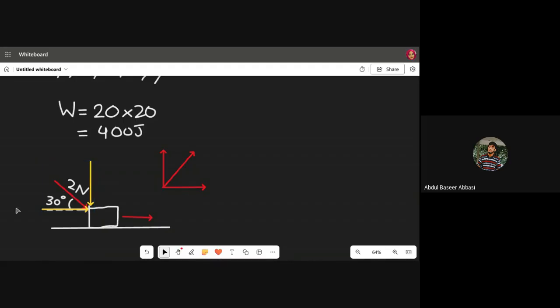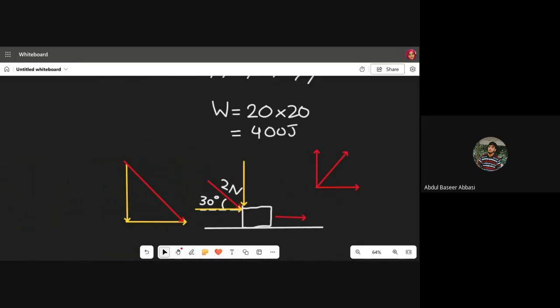So now, as you can see, they are basically forming a triangle. If you do the resolution of force vectors over here, this is 30 degrees, and the component over here, and this is basically 2 Newton.